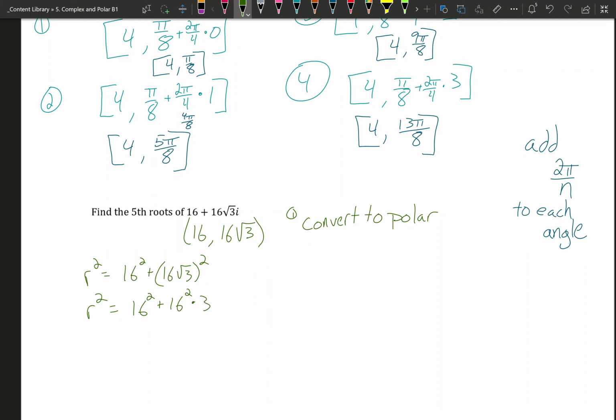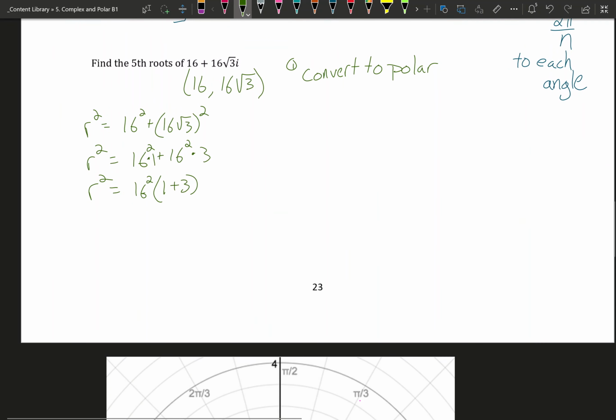This 16 squared that's not multiplied by anything is actually multiplied by 1, right? It's our multiplicative identity. What we can do then is factor out a 16 squared, and what we're left with is 1 plus 3, which is 4. So r squared equals 16 squared multiplied by 4.